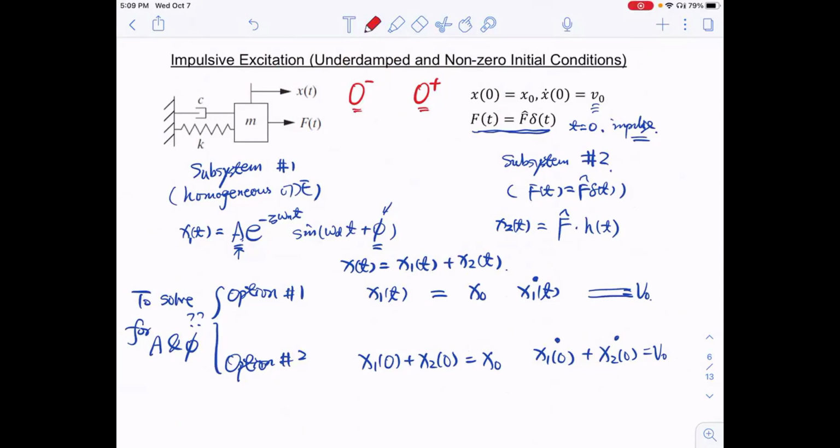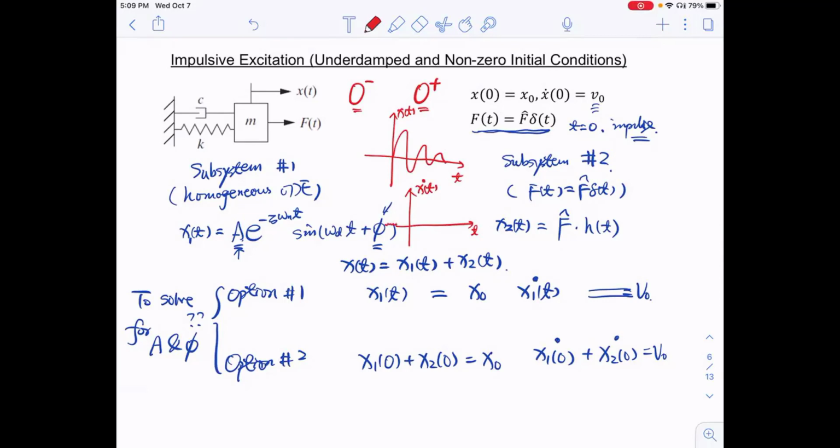So if you have your system, there's your time, there's your x(t), the response is something like this. And then if you plot your velocity, x dot of t, you can see the discontinuity.